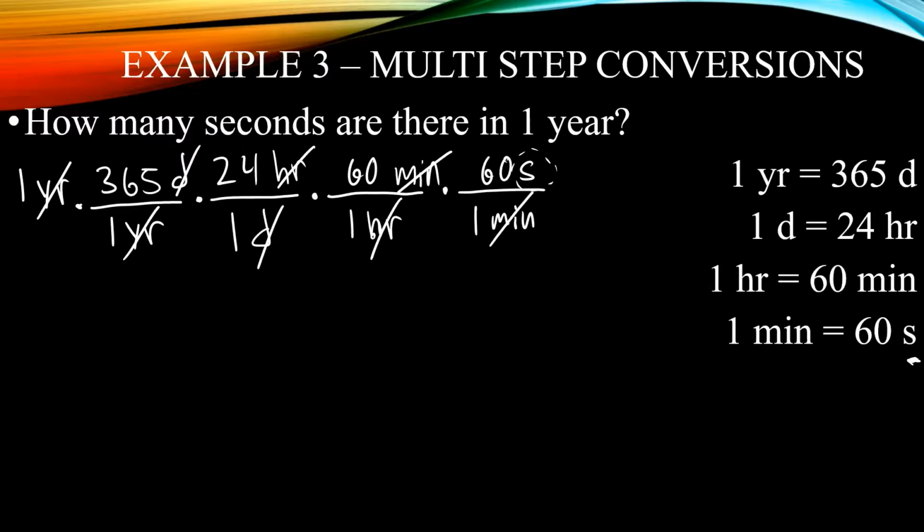Now, to get our final answer, what we have to do is multiply across all of these numbers. So you're going to do 1 times 365 times 24 times 60 times 60.